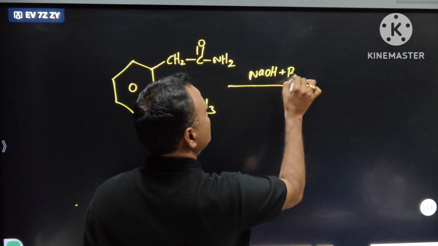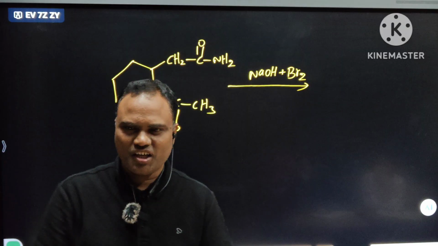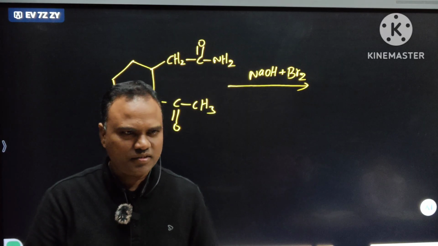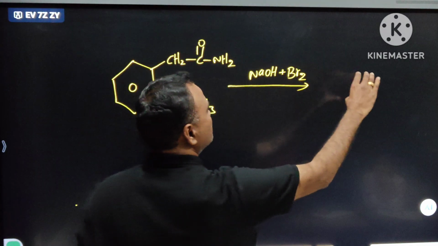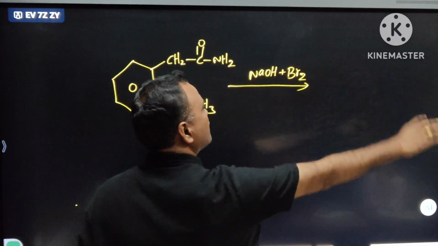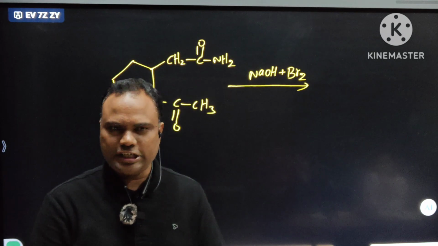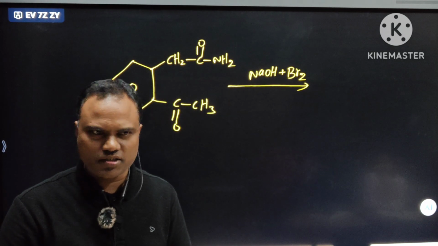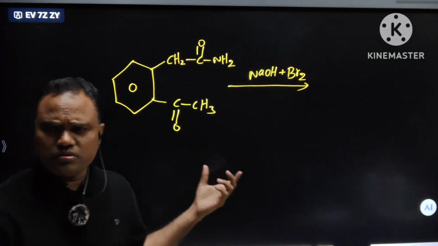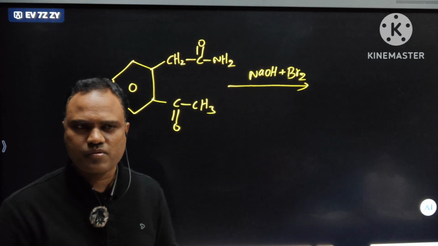NaOH plus Br2. See, two reactions we are merging. You know the haloform reaction and Hoffmann bromamide. This part is Hoffmann bromamide. This part is haloform. So within a single molecule we are writing two different reactions. Clear? You know how to write the product in the haloform?